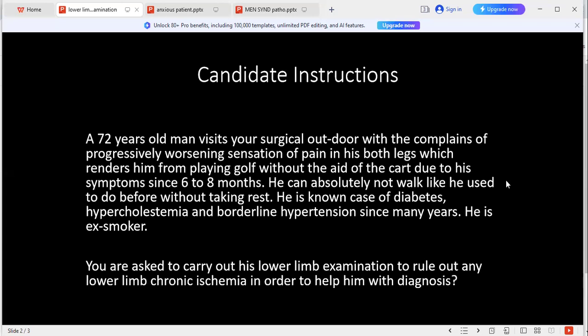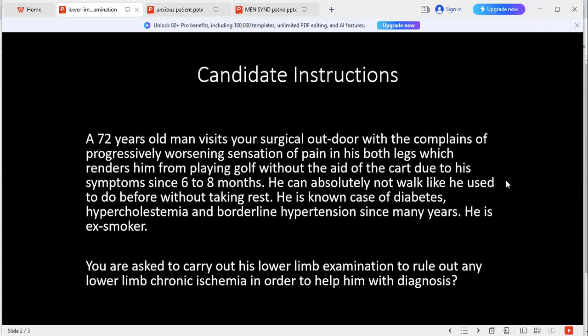Now I'm going to look over your legs. I will check first of all by the sides of the patient whether there is any walking aid present by the side of the bed, or anything else he is using. Then I will check the legs. On inspection, I will look for any skin changes, change in the color of the skin, loss of hair, any scar marks, any ulcers, any venous guttering, and lipodermatosclerosis.